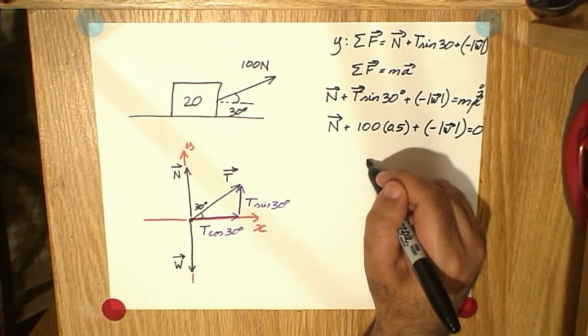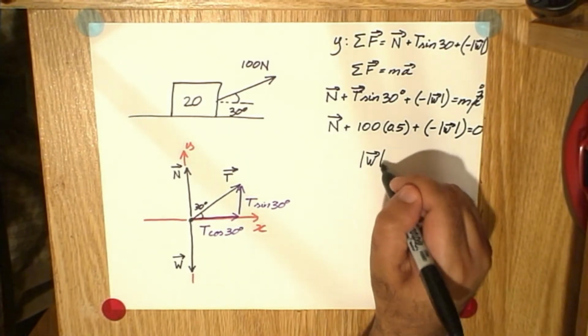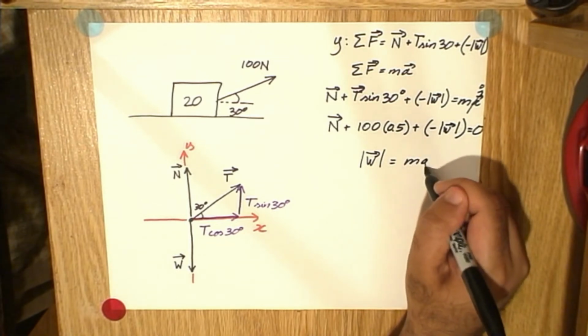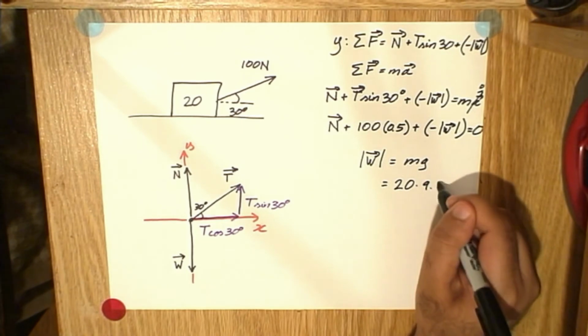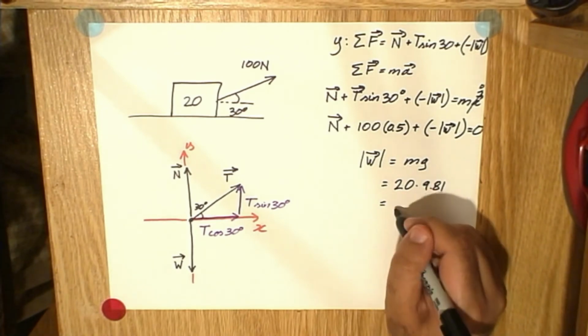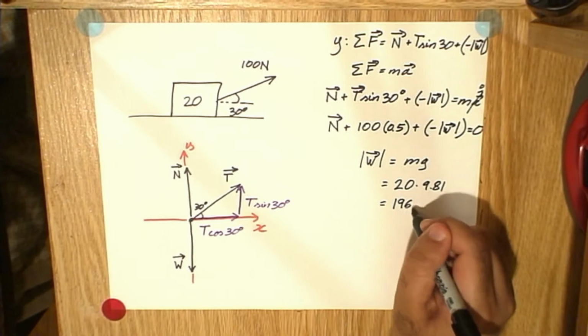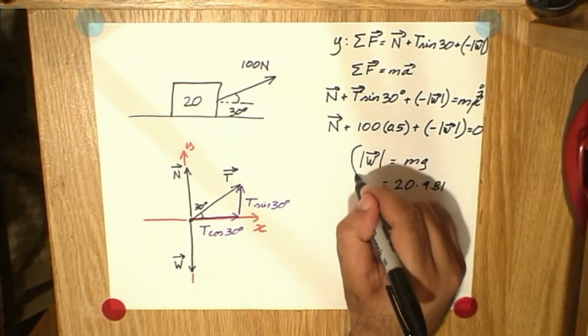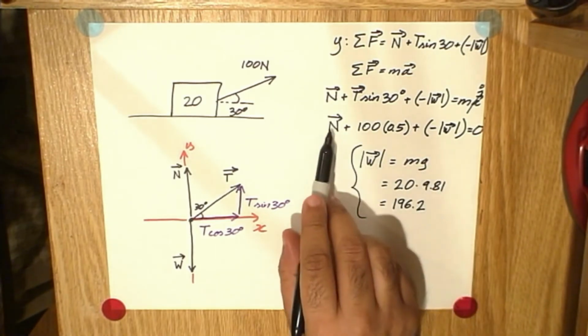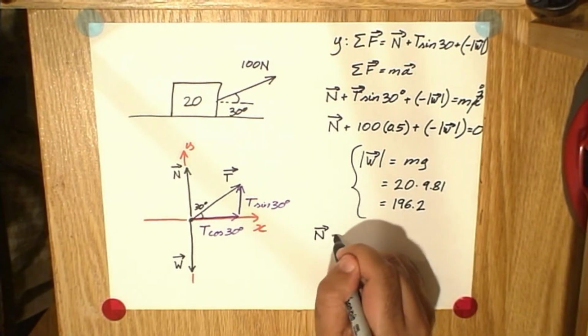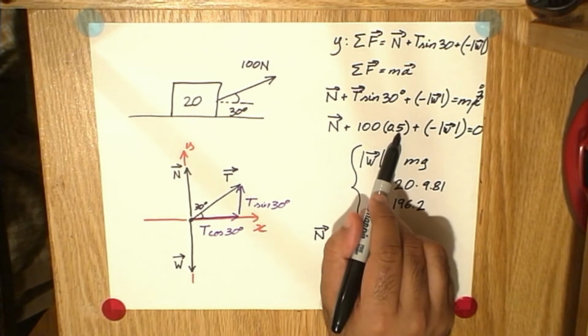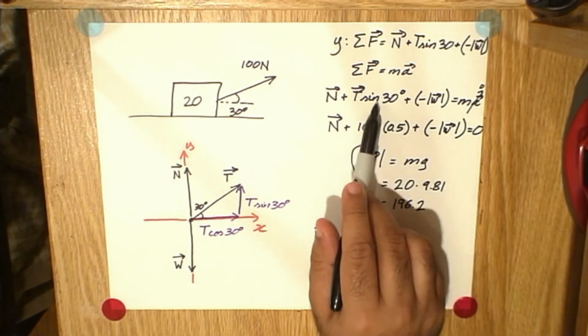So let's solve for the weight. That's equal to mass times gravity, which is equal to 20 times 9.81, which is equal to 196.2. So what we have now is the normal force plus 100 times 0.5. Again, I'm a nerd. I know what sine 30 is.